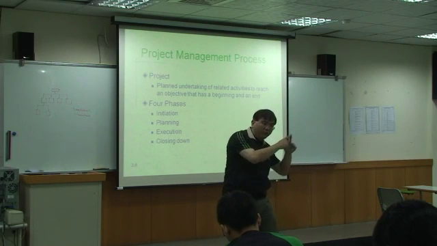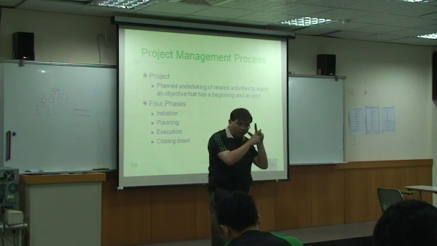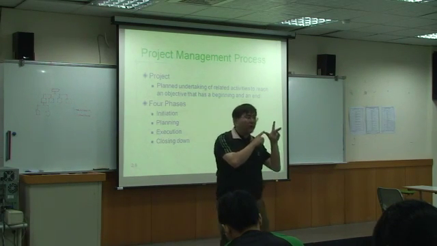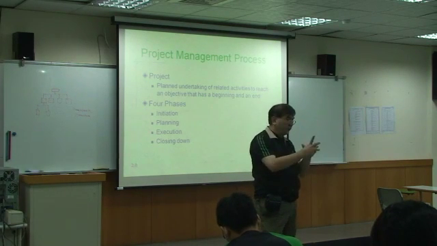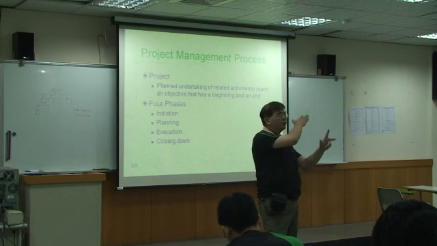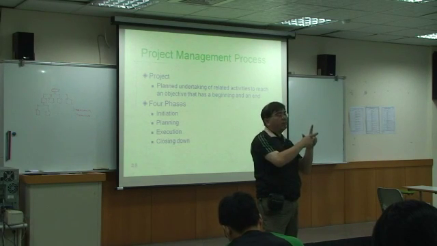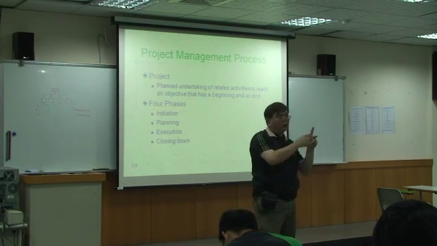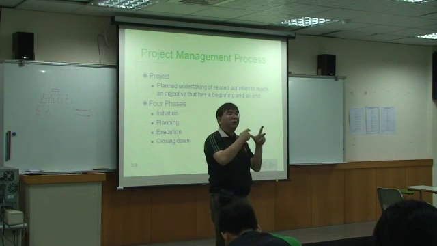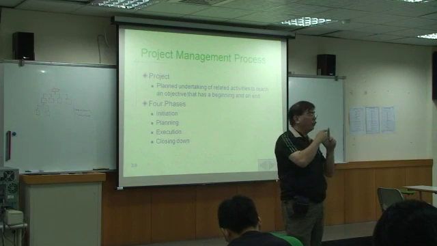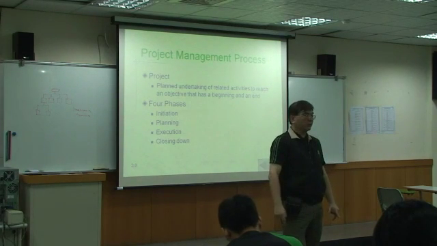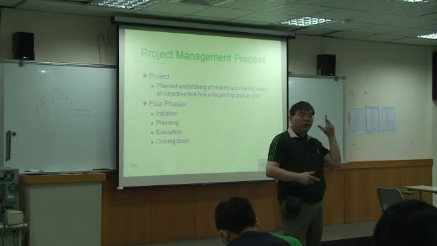One is called performance, one is called cost, one is called timing. So there are some constraints. The constraint means for a project we have some budget for cost, we have some time spent for timing, we have some quality requirements for the performance. So this has three aspects.